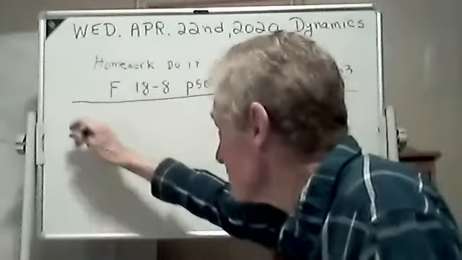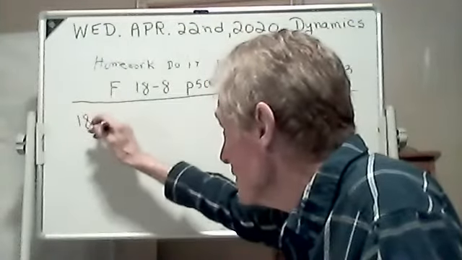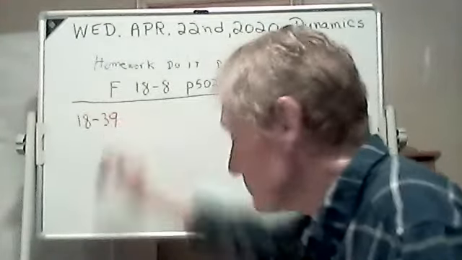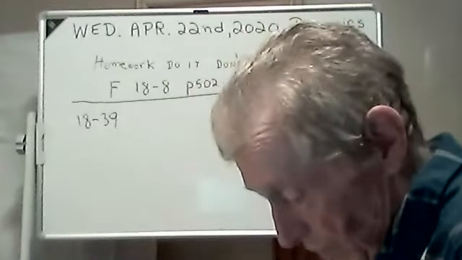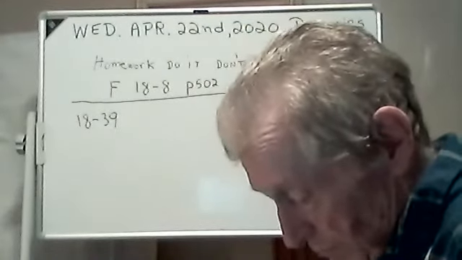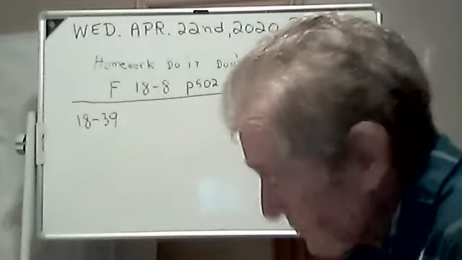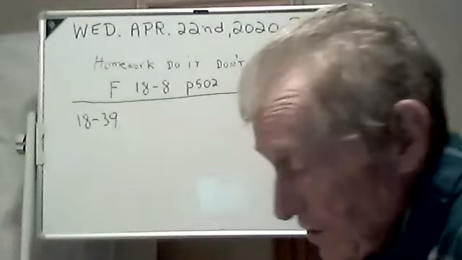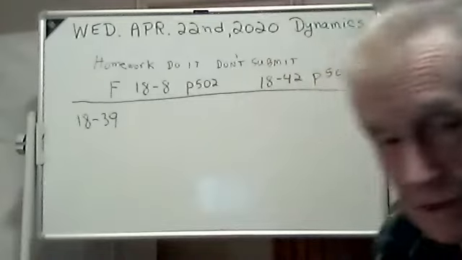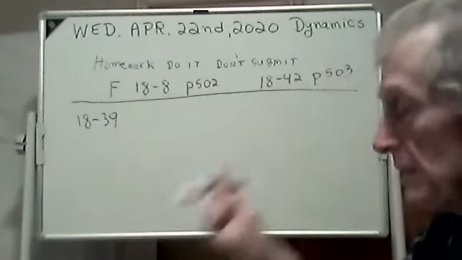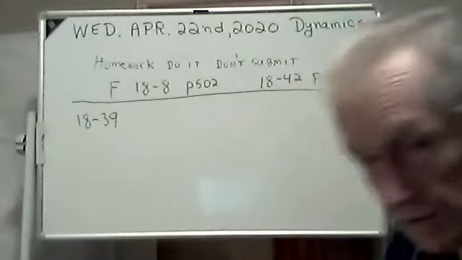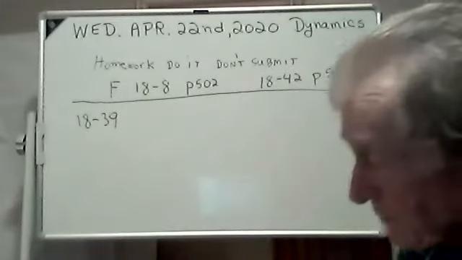But right now we are going to try to do 1839. Now, I think I'm just going to do this with work energy. We've only got about 10 or 15 minutes left. See, if I had more time, I would do it just like I did those other problems. I'd do it with Newton's second law, and then I'd do it with work energy, and I'd get the same answer both times.